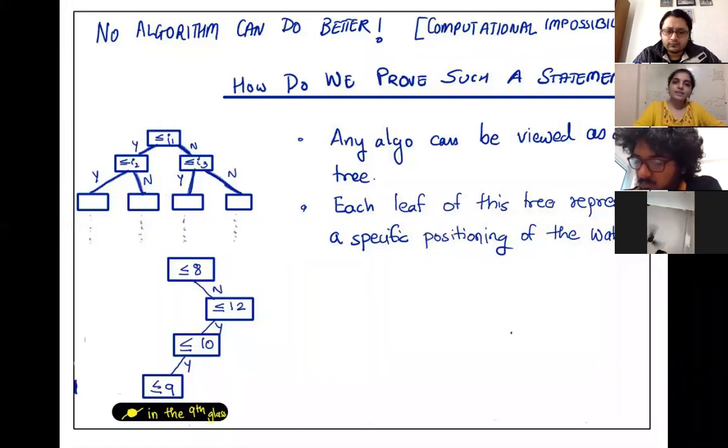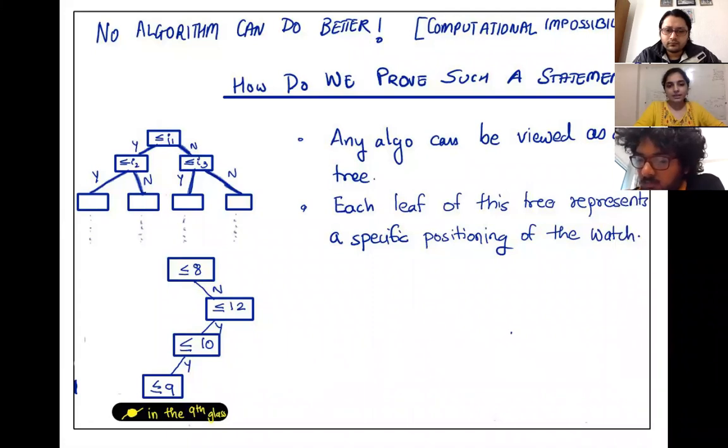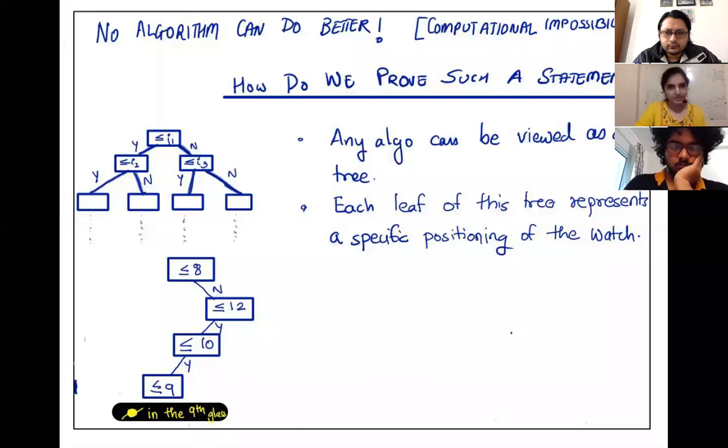When we got yes, we asked whether it is before 10. And then when we got a yes for that, we asked whether it is before 9. So finally, when we reached the leaf, we were sure that the watch is in that position. In fact, because we've drawn it as a tree, we will not stop asking questions till we are sure. So every leaf will uniquely represent a positioning of the watch inside these glasses.